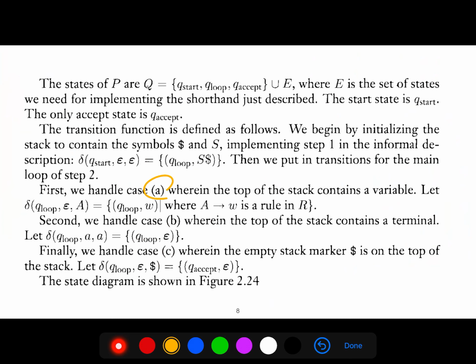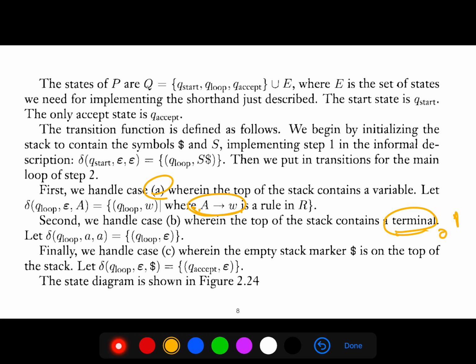So for case A, as I said, the top of the stack is just a symbol, so we just use one of our rules. For case B, the top of the stack is a terminal like 0 or 1. So for that case, we just check if it matches, we read the next one. If it doesn't match, then we reject it immediately, and we don't even look at the future steps.